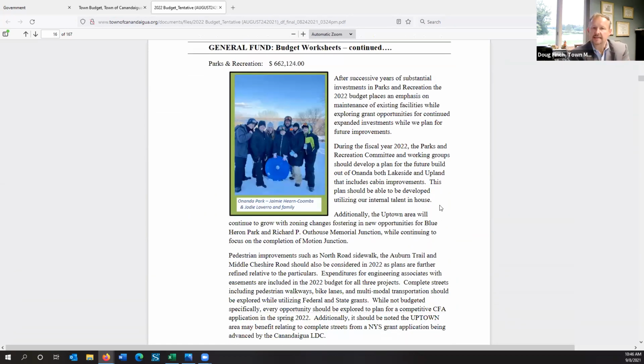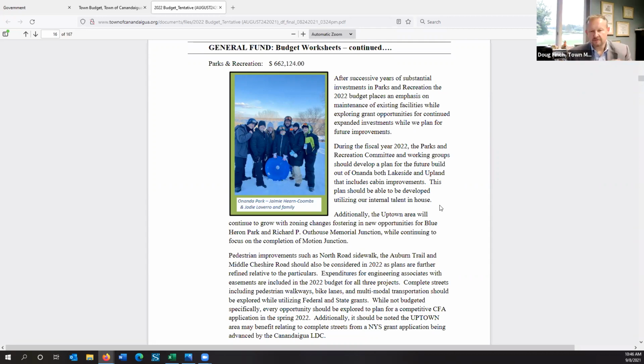Parks and Recreation is a general fund expenditure. For 2022, this budget does propose a reduction in the overall expenditures for Parks and Recreation. Again, the revenue, we try to keep that very, very stable, especially that tax rate. And then we have to look at all other sources of revenue.